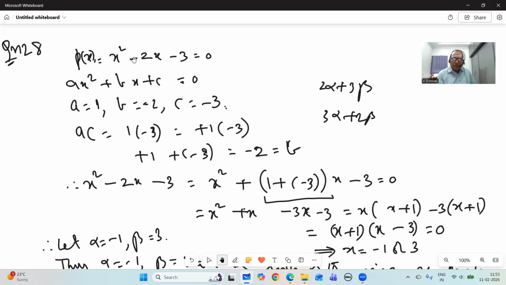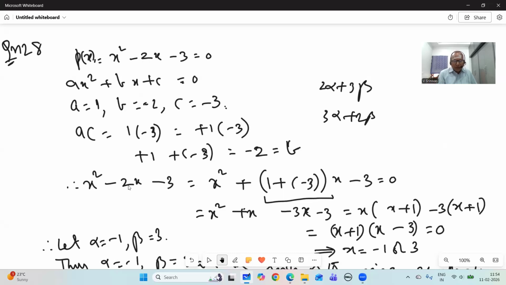A is 1, b is minus 2, and c is minus 3. And product of a and c is 1 into minus 3, that is minus 3. That minus 3 should be written as product of two factors whose sum is minus 2. That is minus 3 and 1 are factors of minus 3, which is AC, and sum of 1 and minus 3 is minus 2.